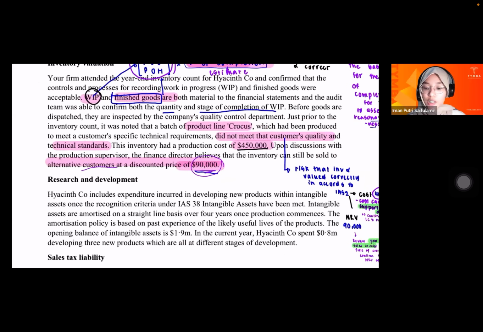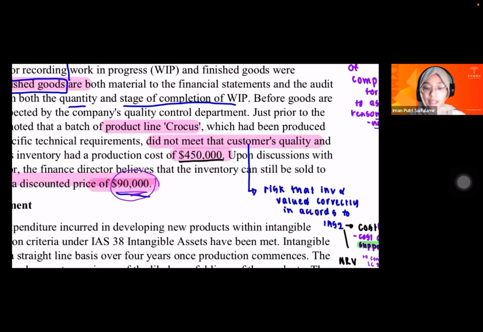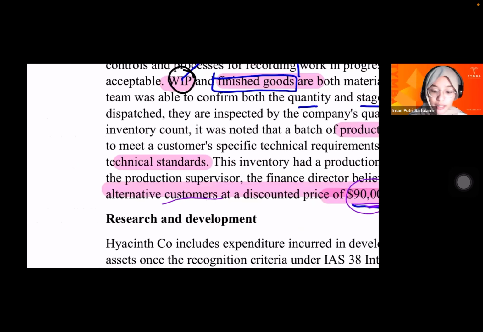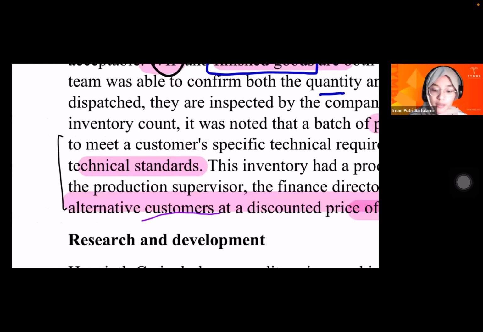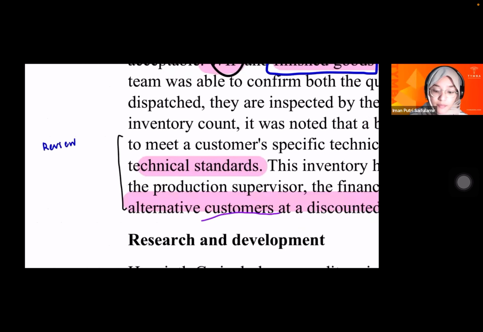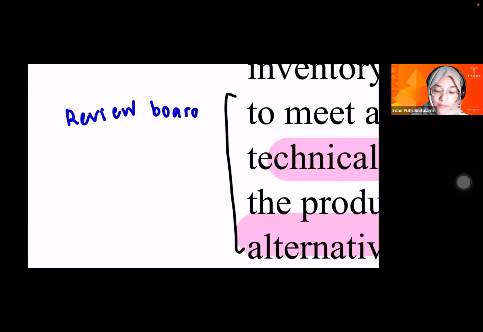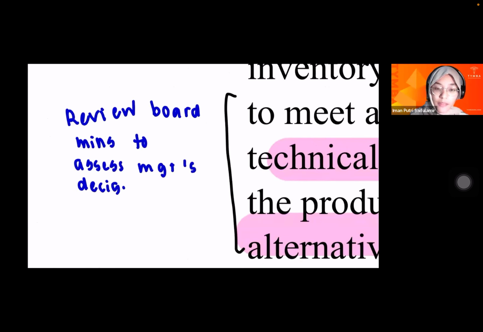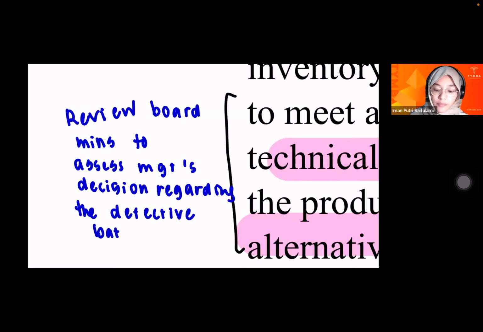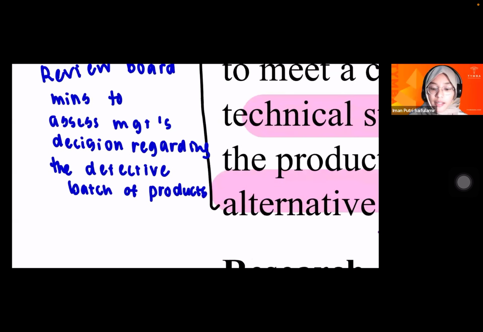Usually major issues like this will be discussed, so we can review the board minutes to assess management's decision regarding the defective batch of products, and discuss with management what their plans are on selling these goods.